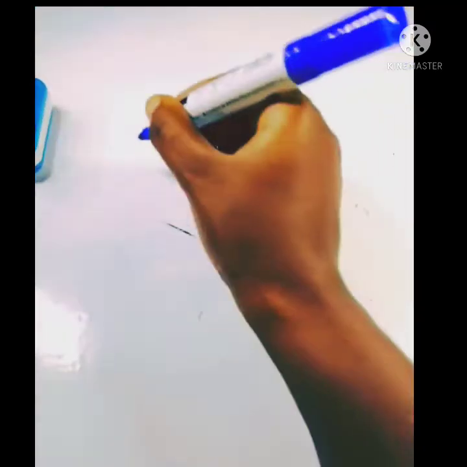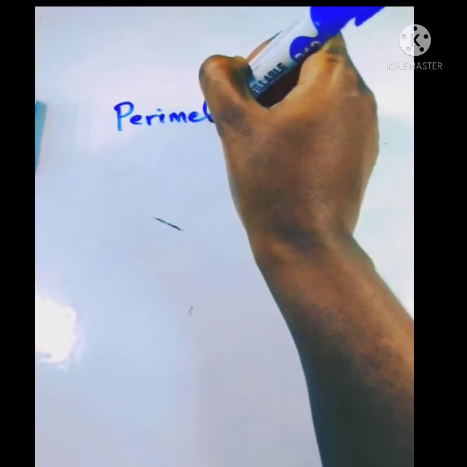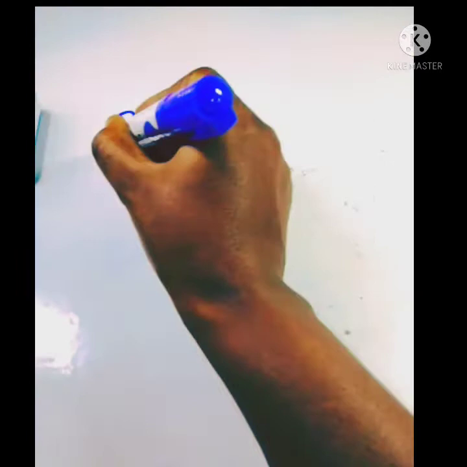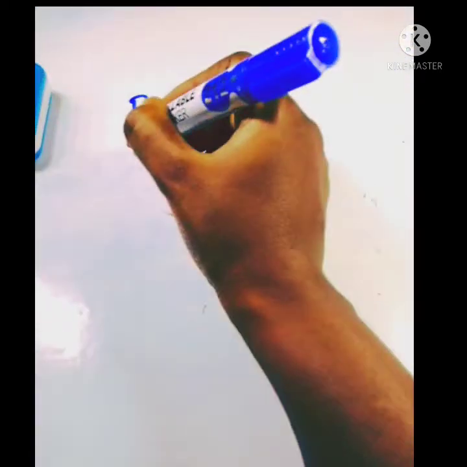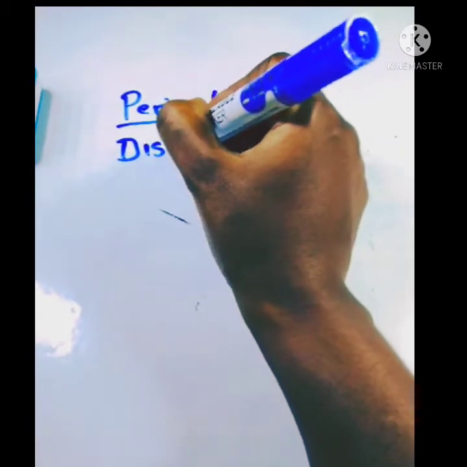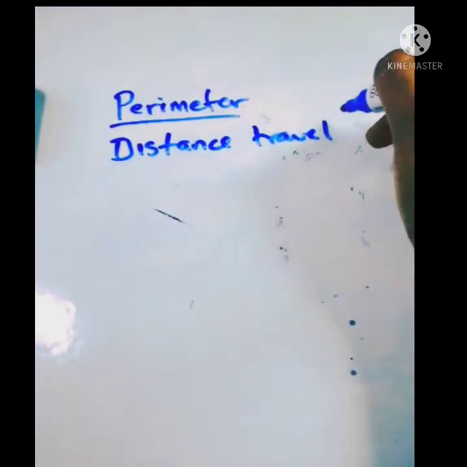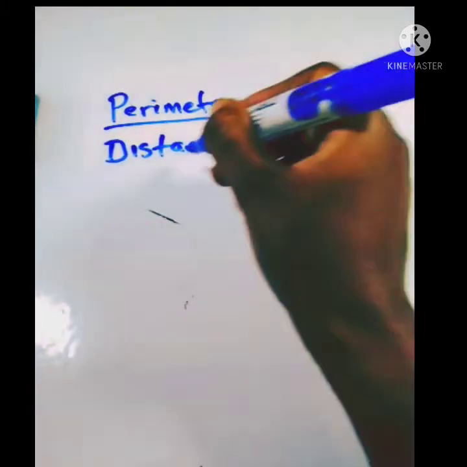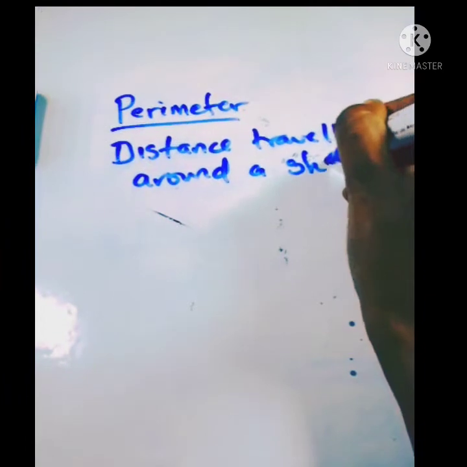Simple. How about if you're asked to find the perimeter of a rectangle or a square? The perimeter of a rectangle or any other shape is the distance around the object or shape, the distance traveled around the shape.